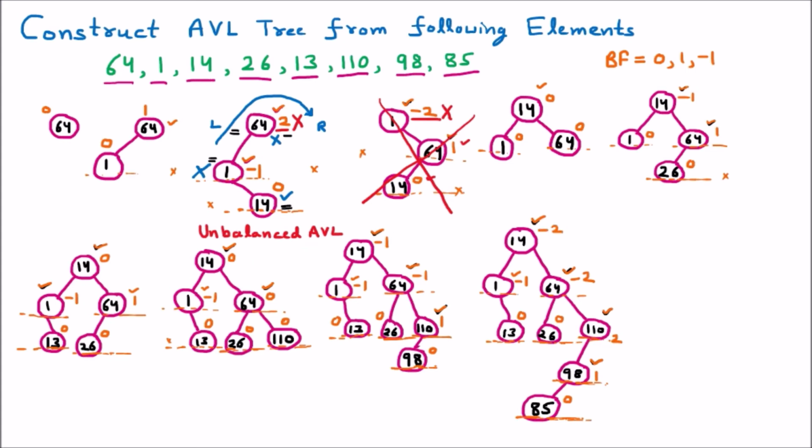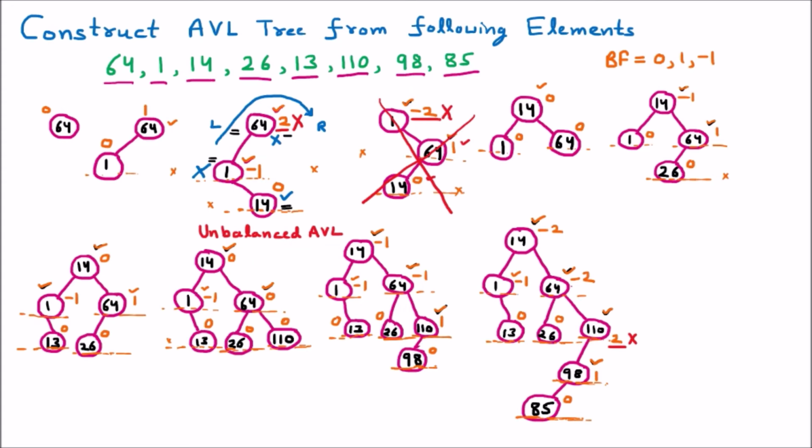Now we are going to find out whether this tree is balanced or not by finding the balancing factor. So now we have to find out whether the balancing factor is 0, 1 or minus 1 or not. If it is not, then this is not a balanced AVL. So here we can see that node 110 is having balancing factor 2, which is not following the criteria.